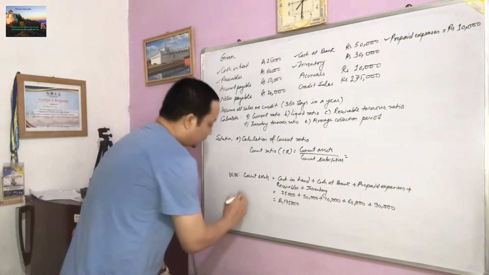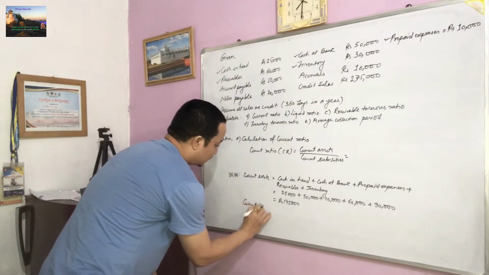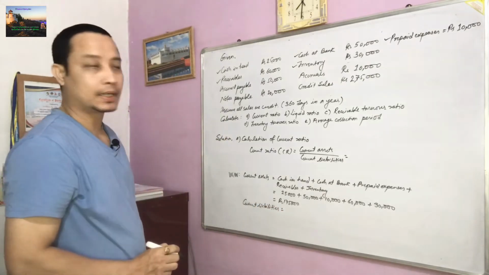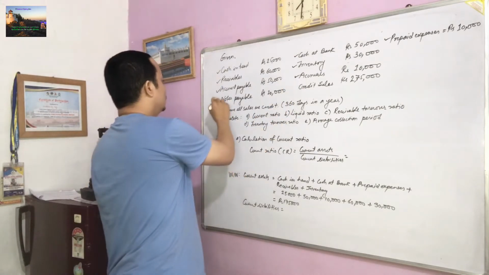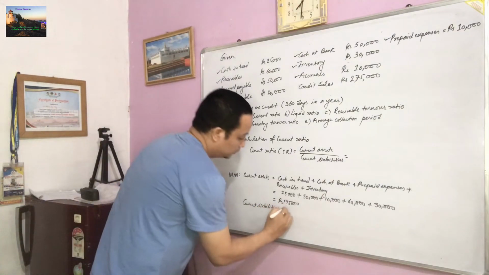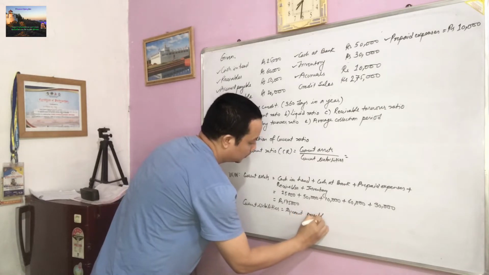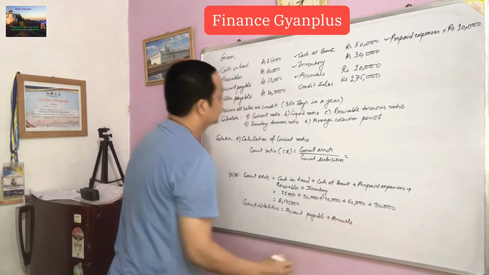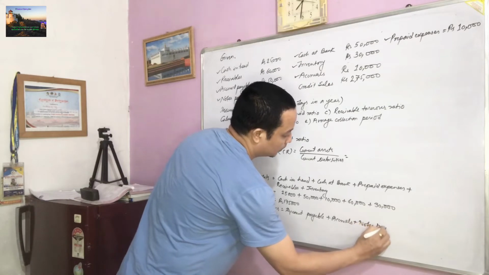Now after finding current asset, you have to find current liabilities. Here let's see the items of current liabilities here. Accounts payable, accruals, notes payable. These are current liabilities items. Now let's add this all. Accounts payable plus accruals plus notes payable.